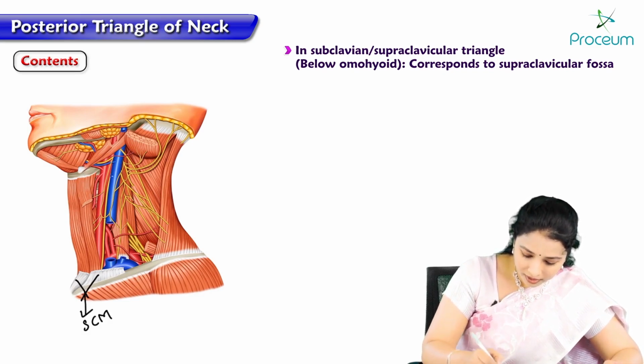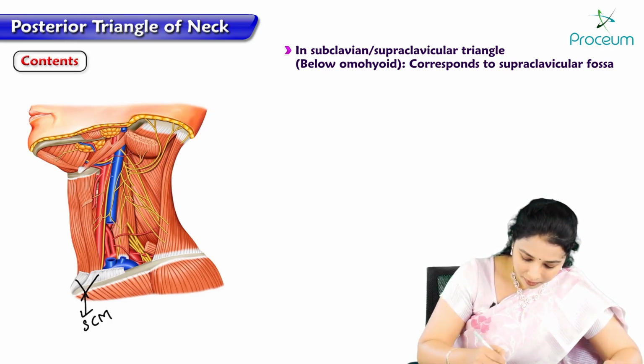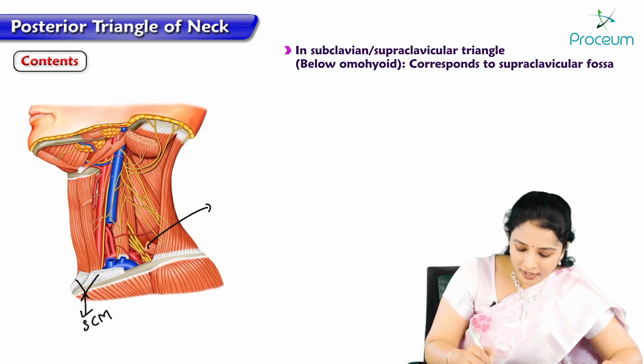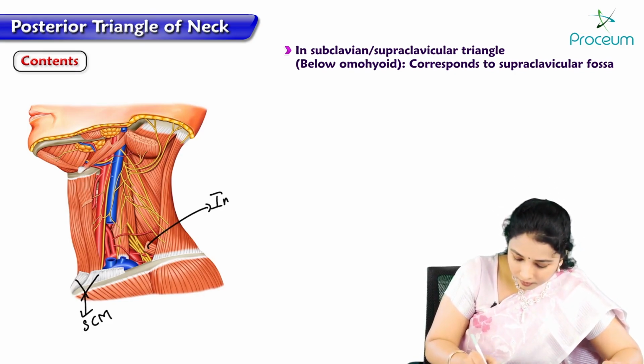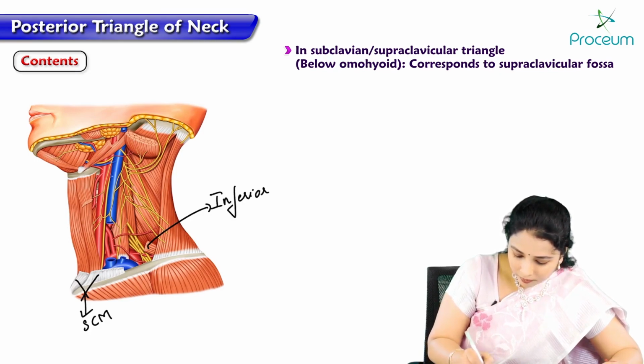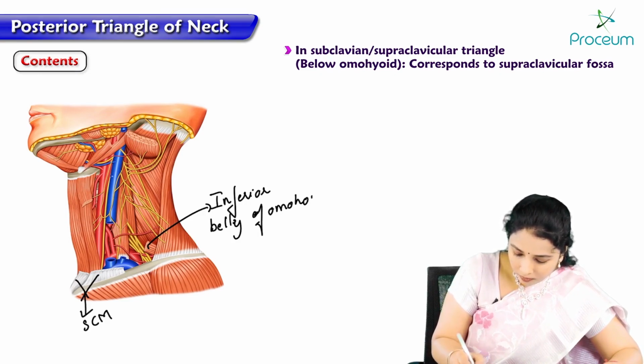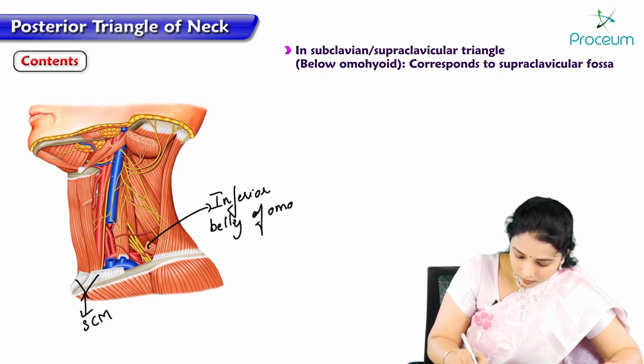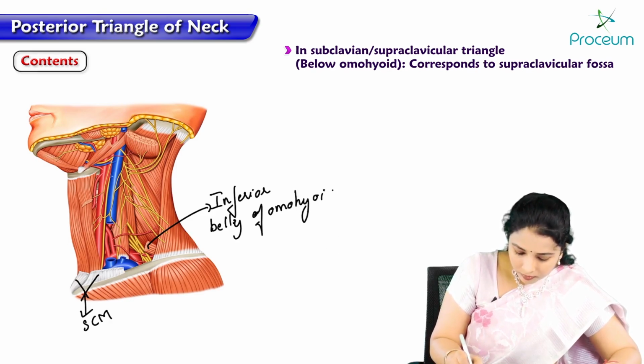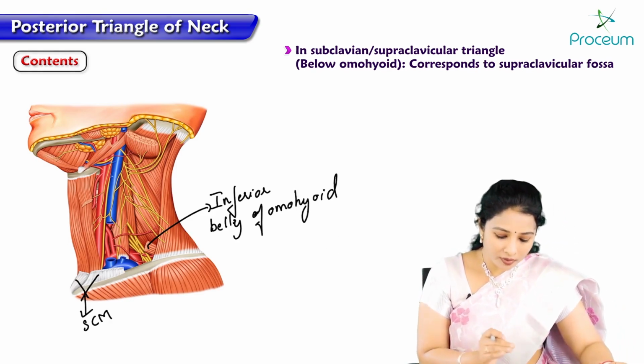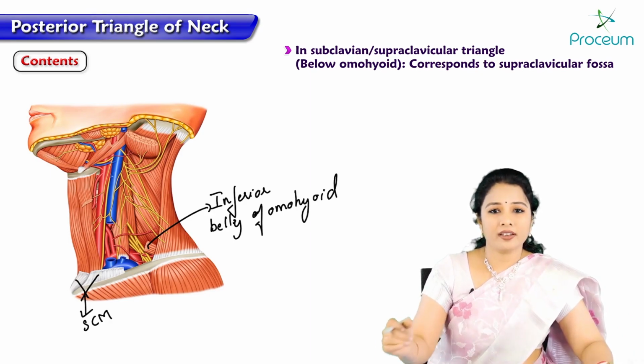This is the proximal attachment, which is cut and removed. We can see the cut part of the inferior belly of omohyoid as well, exposing the contents of the subclavian triangle.